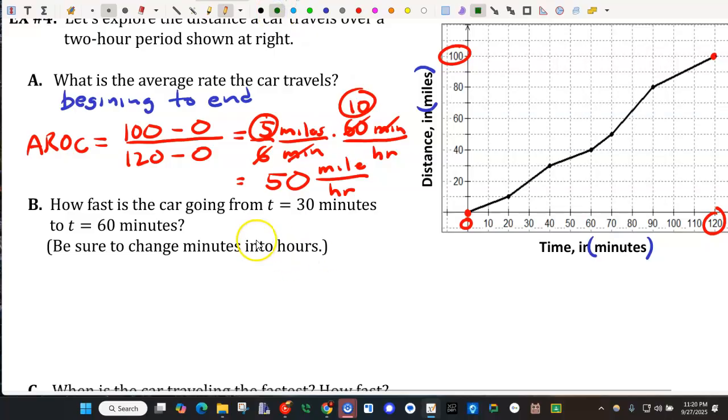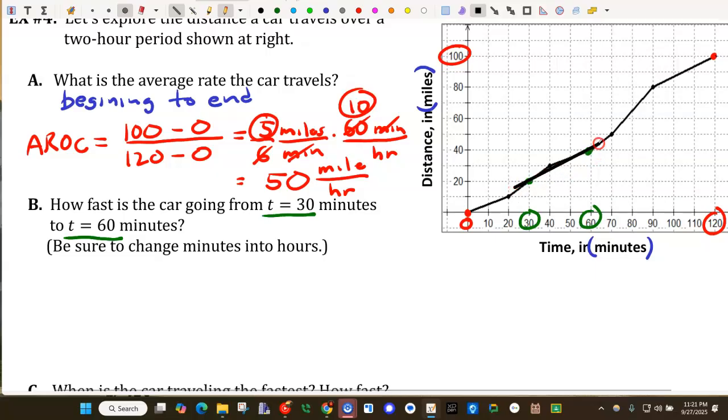All right, so let's look at from after 30 minutes to after 60 minutes, after an hour. So now we're going to do the same thing, 30 minutes and 60 minutes. I'm just finding the slope of a line that connects these two, if you want to think about it this way.